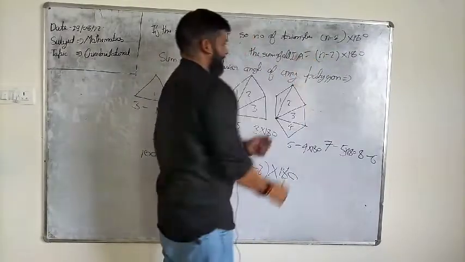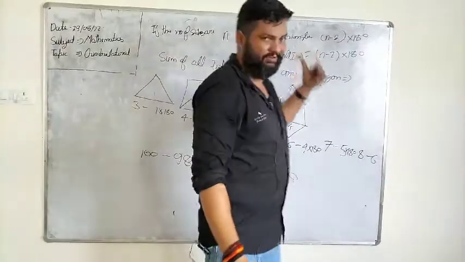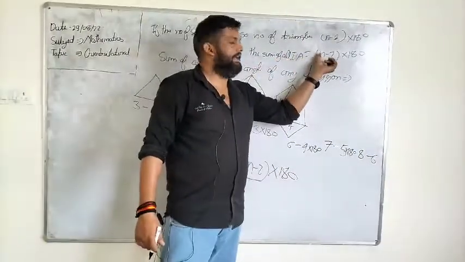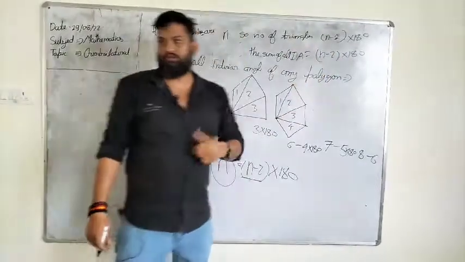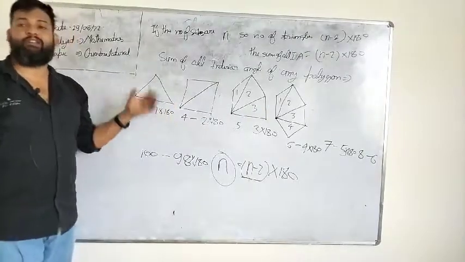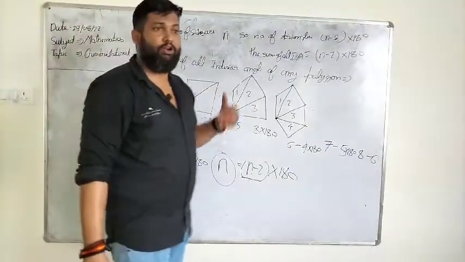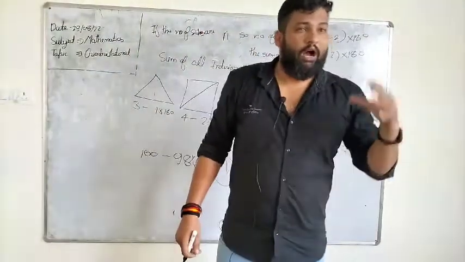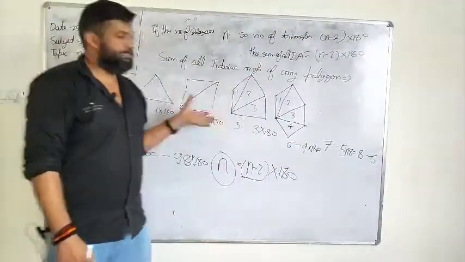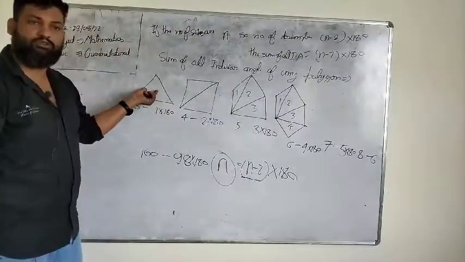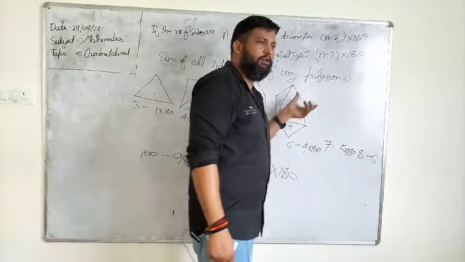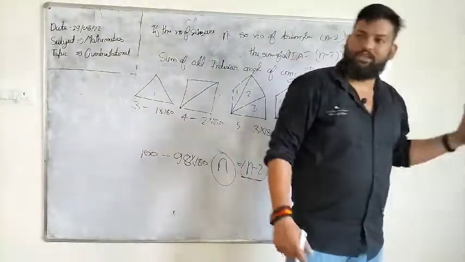Interior angle, if I denote it IA, you have to understand this is the interior angle. So the sum of all interior angles is equal to n minus 2 into 180. This is the formula. If someone asks how we can find the formula, if the number of sides is n, how can we find the sum of all interior angles? This is the derivation. First you construct a triangle, quadrilateral, pentagon, hexagon, heptagon, octagon, this way.